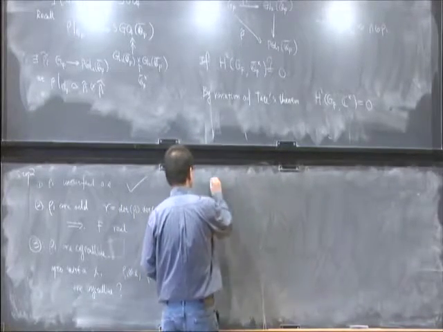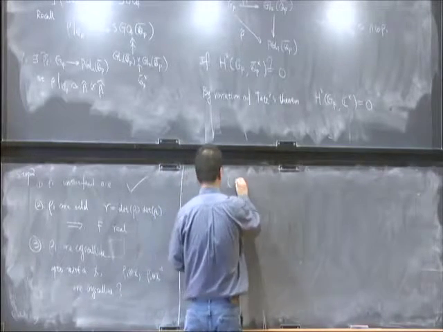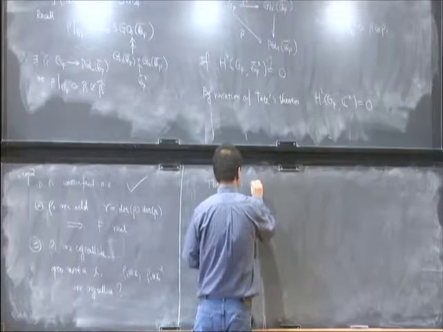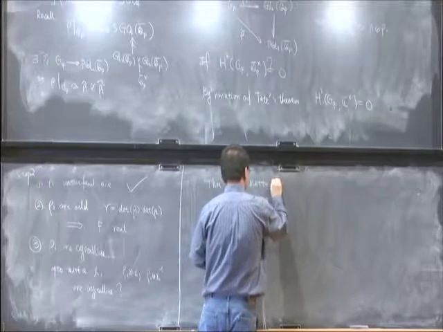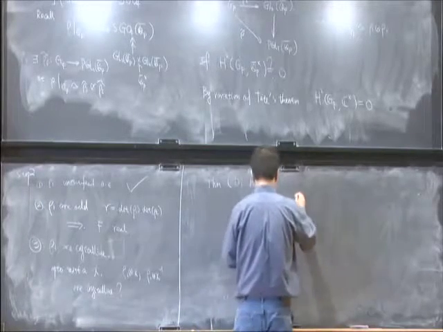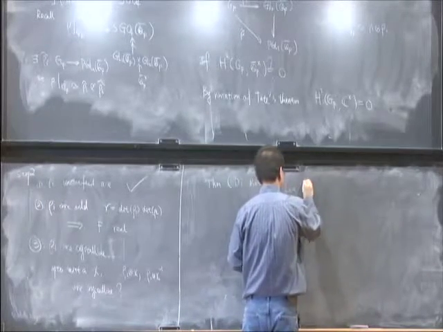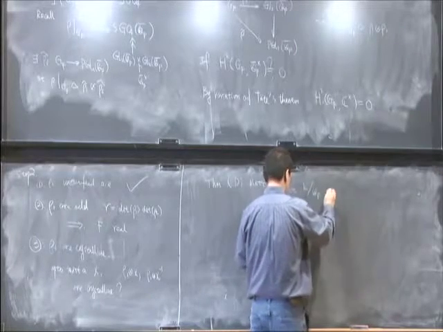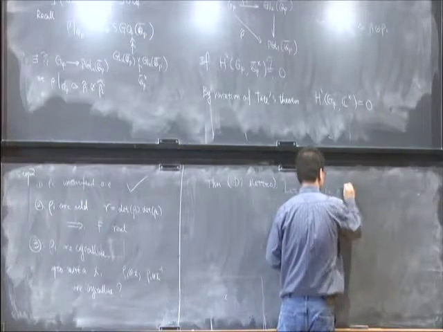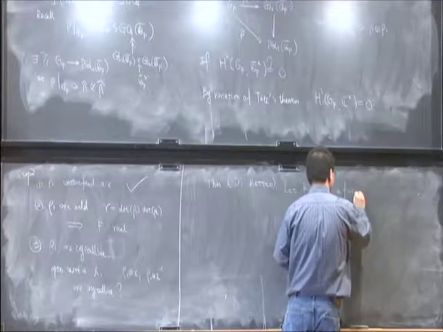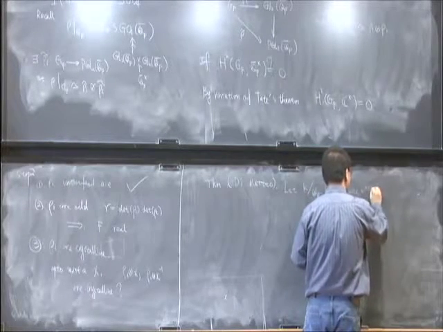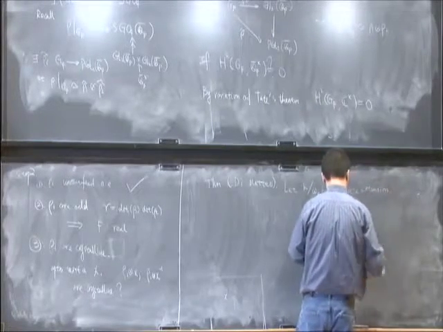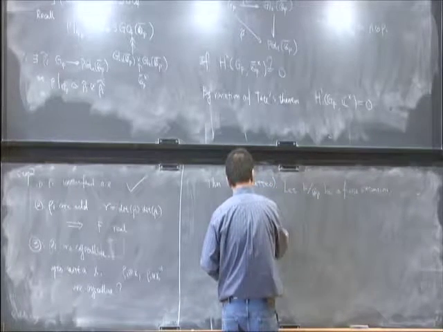So this is the theorem, a complete answer to this question. Let K over Q_p be finite. Well, V_i is just a representation of the local Galois group.